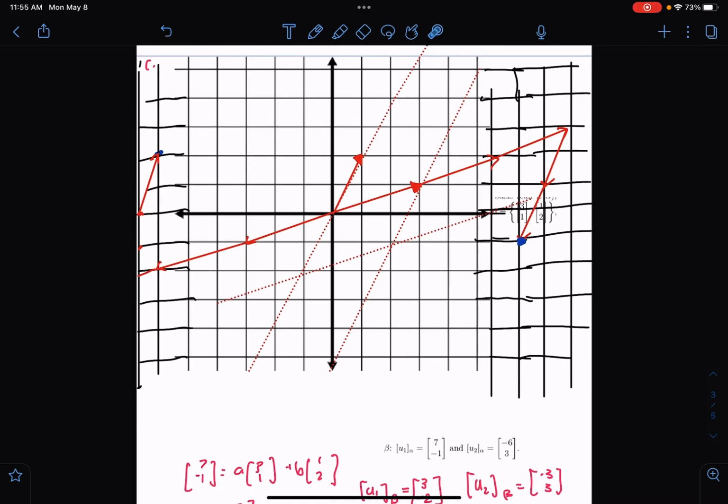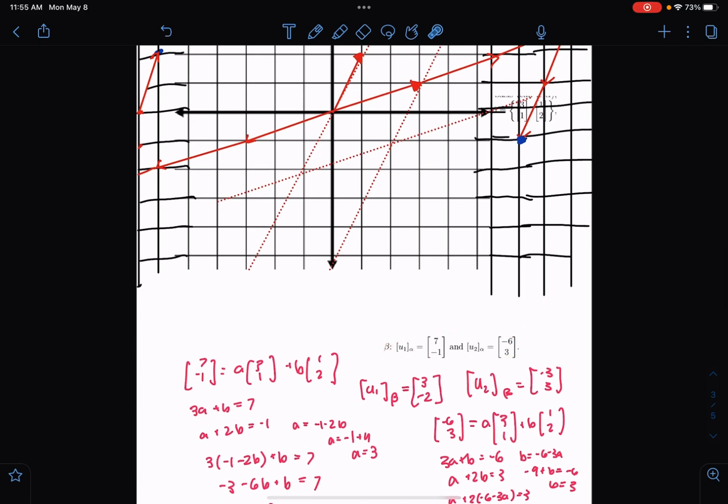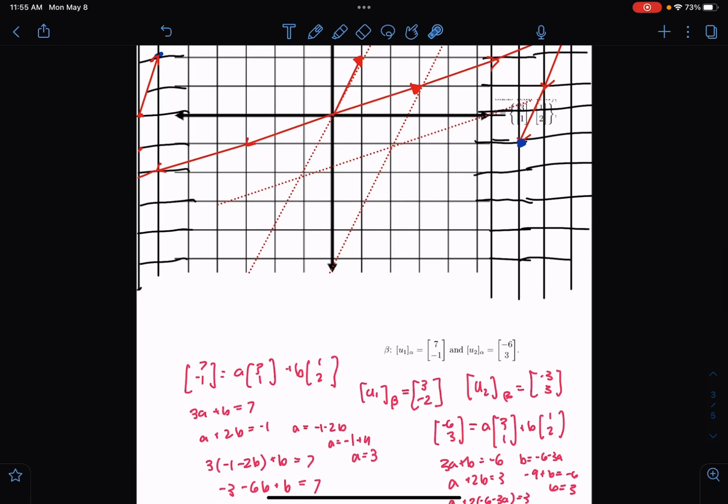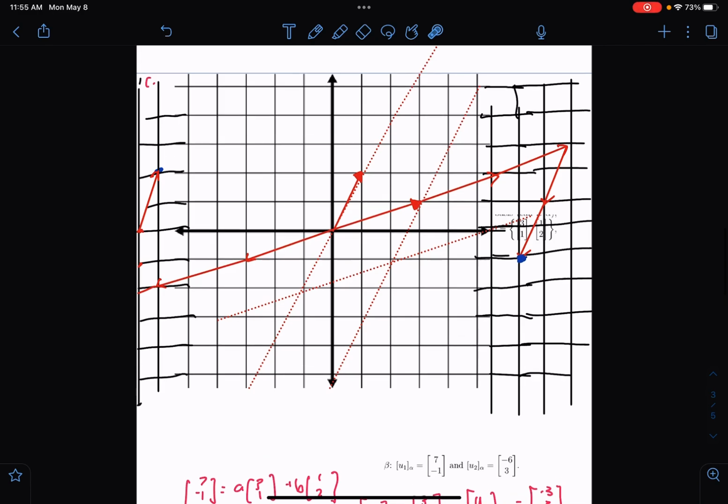But again, it's just looking for a linear combination of these, like a pathway on these vectors to get to this point in the standard basis is going to correlate to the vector in our new beta basis. So we're given the vectors in alpha basis. Those are the blue dots right here. Those are those coordinates.